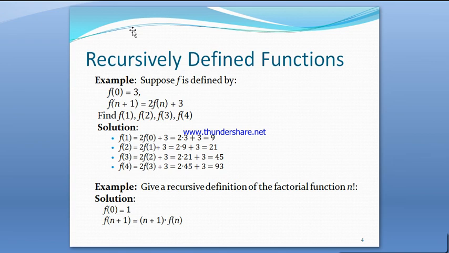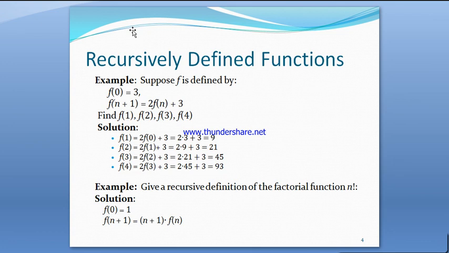Next, in the recursive step, let us define a rule by which the different factorials can be defined using the previous factorials. Suppose we give the recursive rule f of n plus 1 equal to n plus 1 into f of n. It equals n plus 1 into n factorial, where f of n is n factorial.